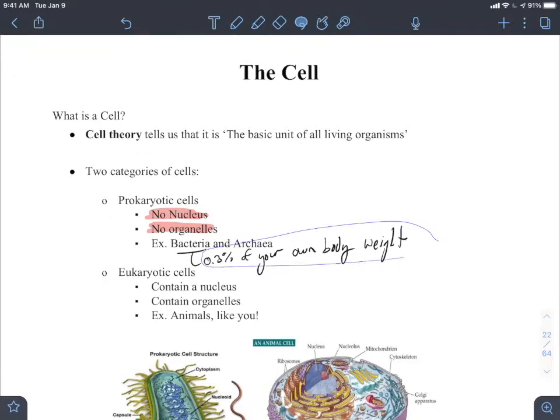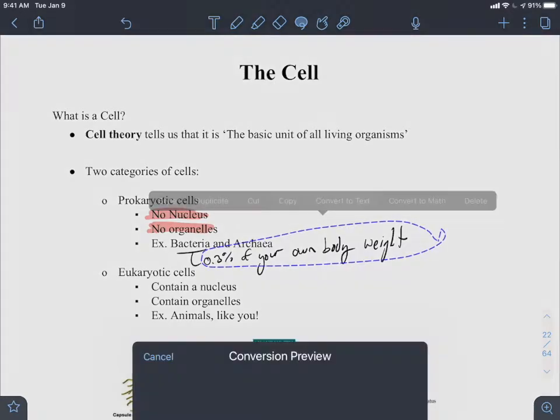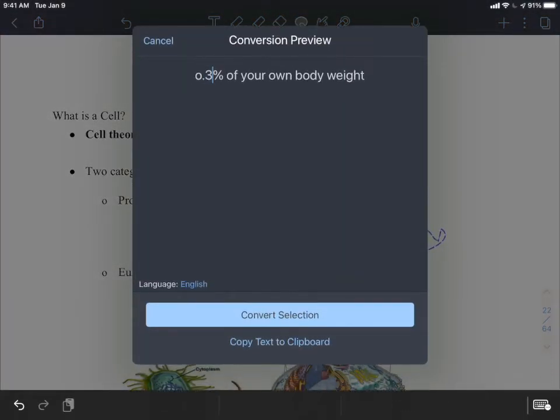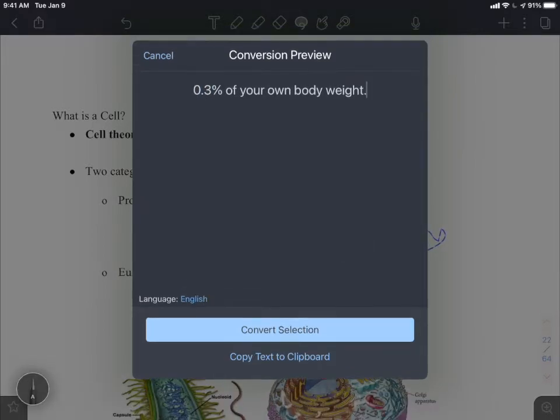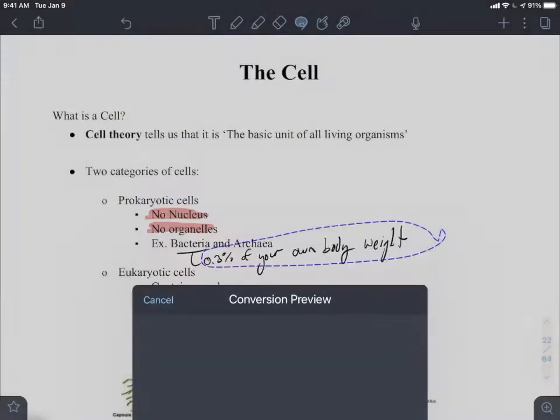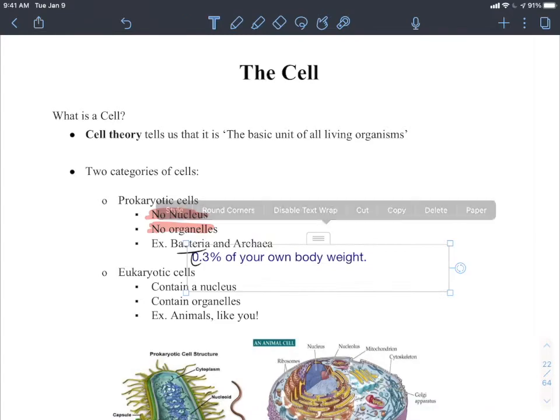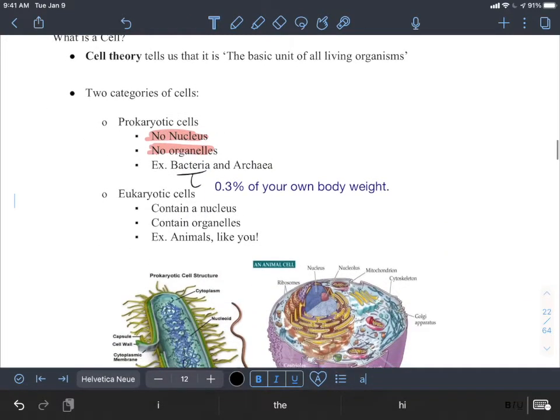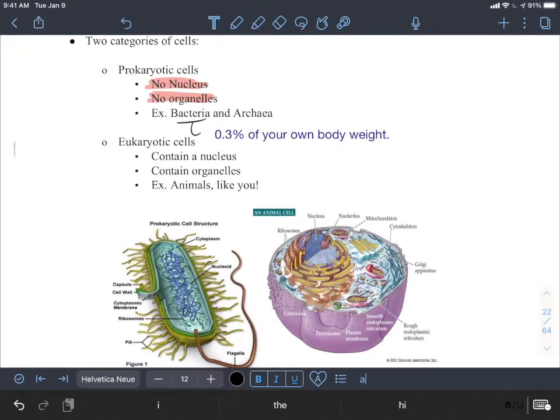All right. So the other type of cell is the eukaryotic cell, and these are the type of cells that we have and that all living animals have. So all animals, all plants, all funguses, all multicellular creatures are eukaryotic.